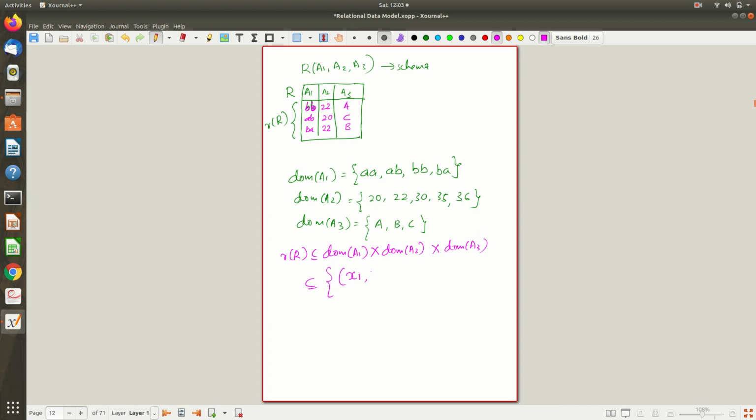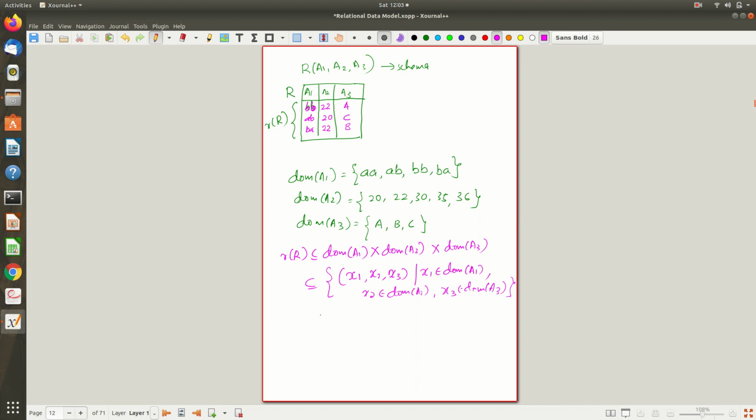You can see ordered triples here, x1, x2, x3, such that each x1 is a value coming from the set domain of A1, x2 is coming from domain of A2, and x3 is coming from domain of A3, like that.